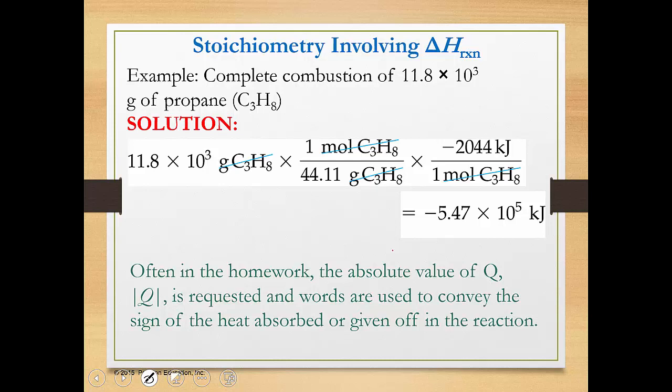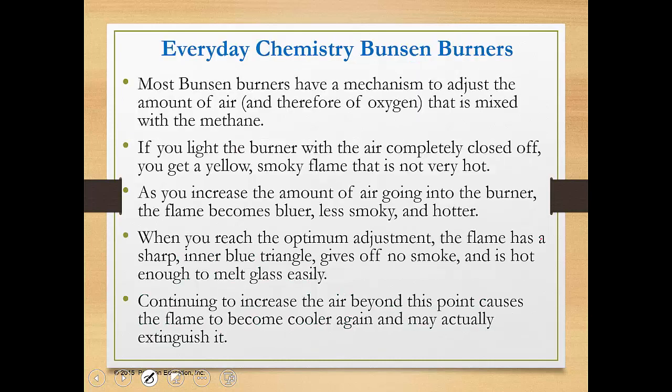So in this case, you wouldn't put the negative, you would say emitted. And the reason for that is to be sure you are truly grasping the concept of what the positive and negative mean, that energy is absorbed or emitted, that it's giving off heat or it's absorbing heat. Is it going to feel hot or cold? So that's enthalpy in a nutshell.